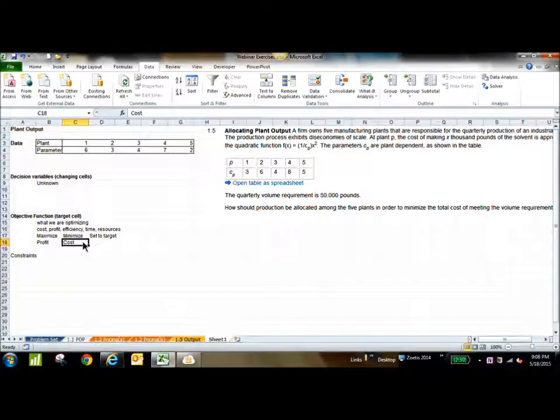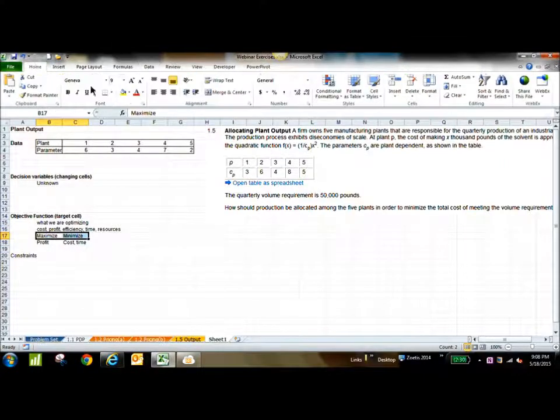Throughout this course, we're not going to use set to target. So ignore this one. Just focus on these two, maximize or minimize. Anytime you hear maximize, you're going to know it's either profit or efficiency or utilization, you name it. These are things that you use day-to-day at work, in your life.